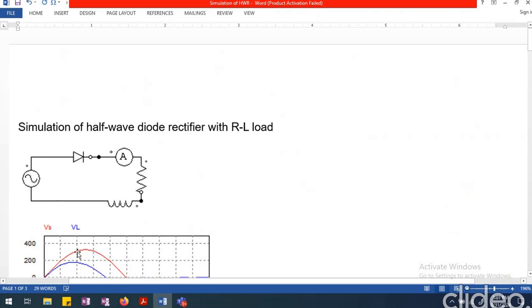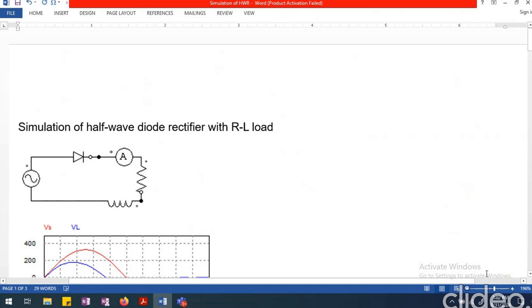That is the reason you can see this is close to 325 volts here. And this is the diode, and I have connected an ammeter, and I have also connected the R and L in series with this particular diode rectifier.